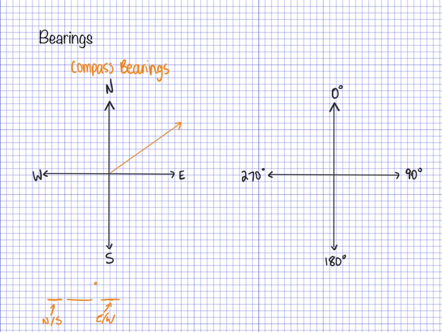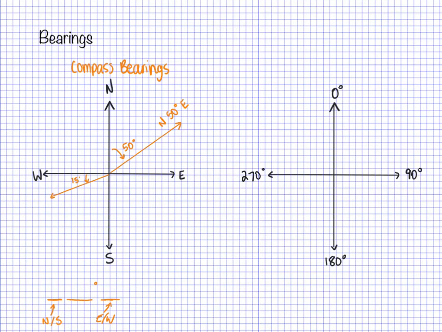For example, let's say I put this line in here, and I know that this internal angle here is 50 degrees. I would call this bearing north 50 east, because we started at north and we went 50 degrees to the east. Likewise, another example. Let's say we have this example here where we can see the angle is the angle of depression from the west down.